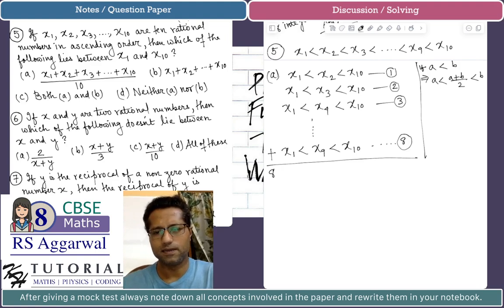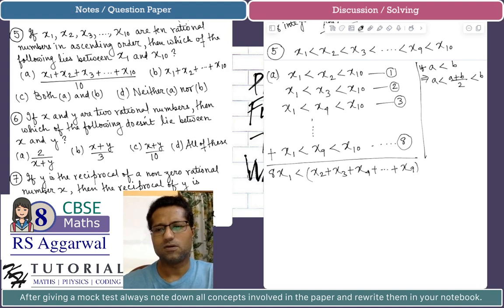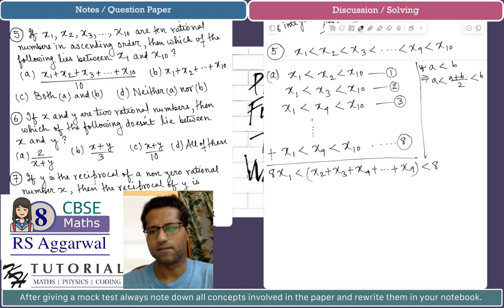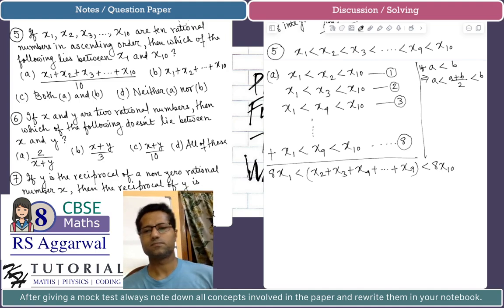So 8x1 will be less than, in between, x2 plus x3 plus x4 like this up to plus x9, which will be less than 8 times x10.